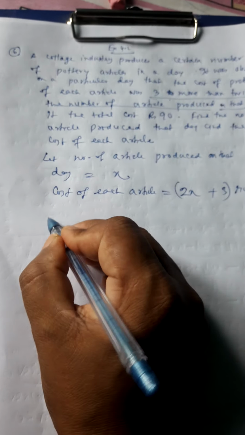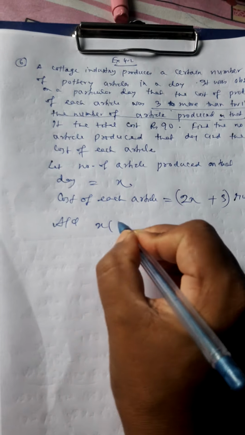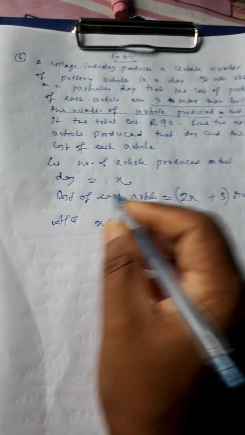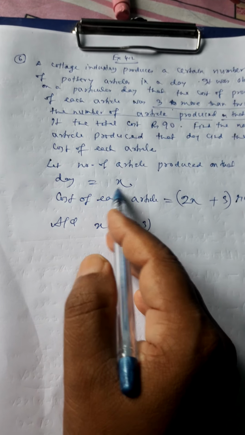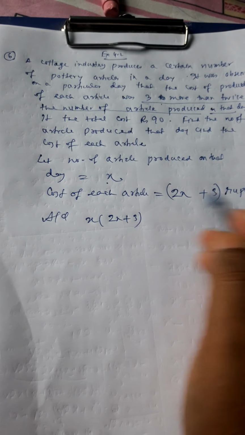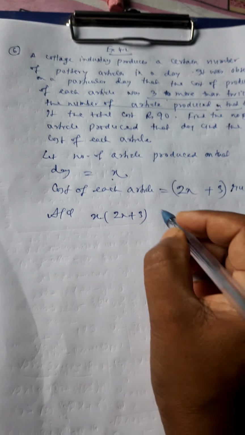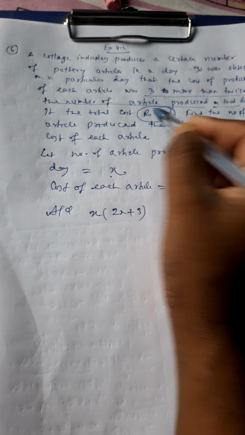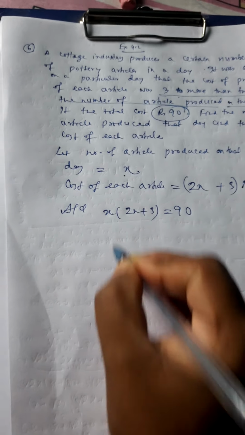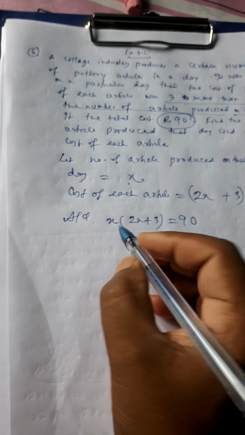Now what is the total cost? According to the question, total cost will be the number of articles produced and the cost of each article, the product of these two, x into (2x plus 3), and the total cost is given as 90. So solve this and we get the answer.